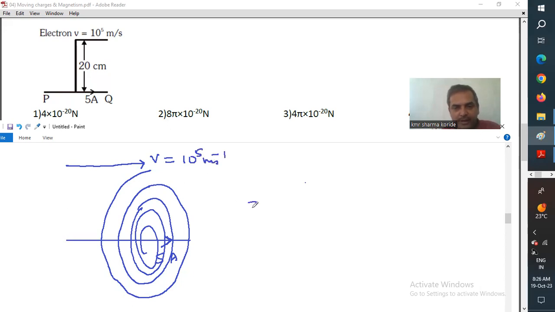Now get back the formula for force experienced, Q of V cross B. Remember, if current is flowing from left to right while crossing this particular point, the field will be outwards, out of the plane of the page, coming towards you. So the field will be perpendicular to the direction of velocity of the charged particle. So therefore theta is 90.